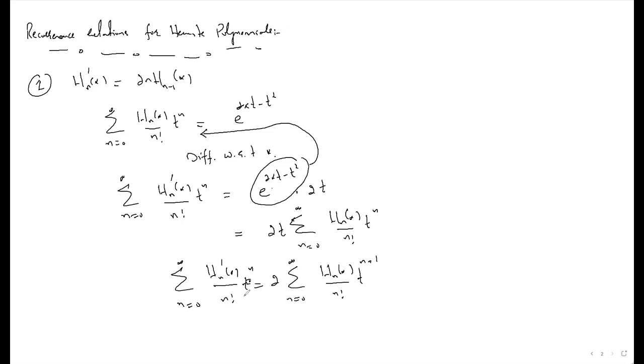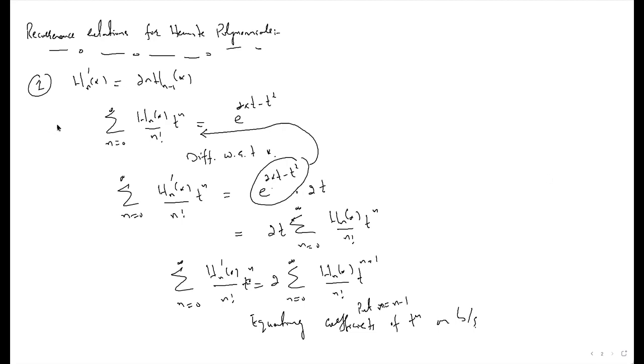Now, equating the coefficient of t raised to power n on both sides. It's t raised to power n here, but it's t raised to power n plus 1 there. So to make it t raised to power n, I will put n equal to n minus 1 here. And then equate the coefficients of t raised to power n on both sides.